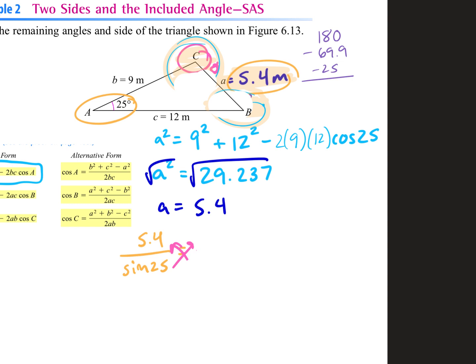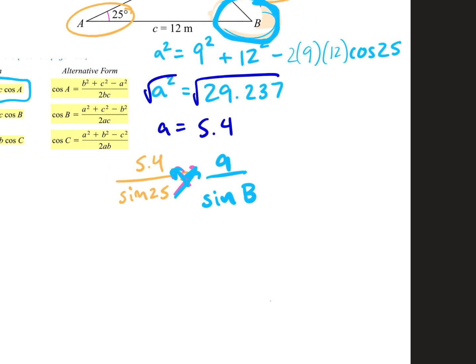So we want to find B next. So I would say 9 over sine of B. Now we would cross multiply and do it all again. So sine of B is equal to 9 times sine of 25 over 5.4.